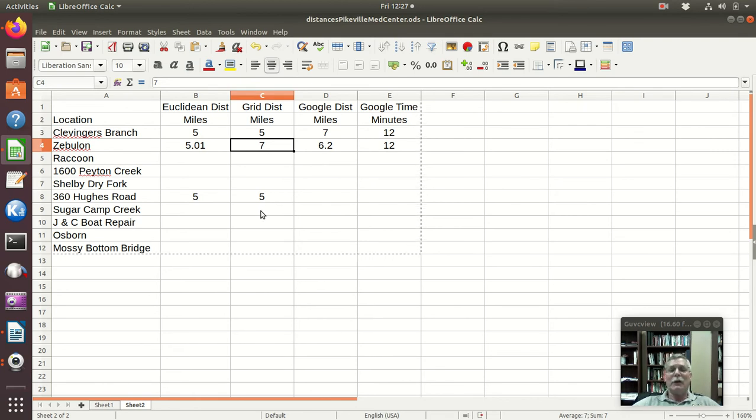Not necessarily. They could be different. So that's finally, I think, a truly interesting result. It's somewhat interesting that grid distances are always at least as big as the Euclidean distances, but here it gets really interesting, in that one may be bigger, the other one may be bigger or smaller or whatever.